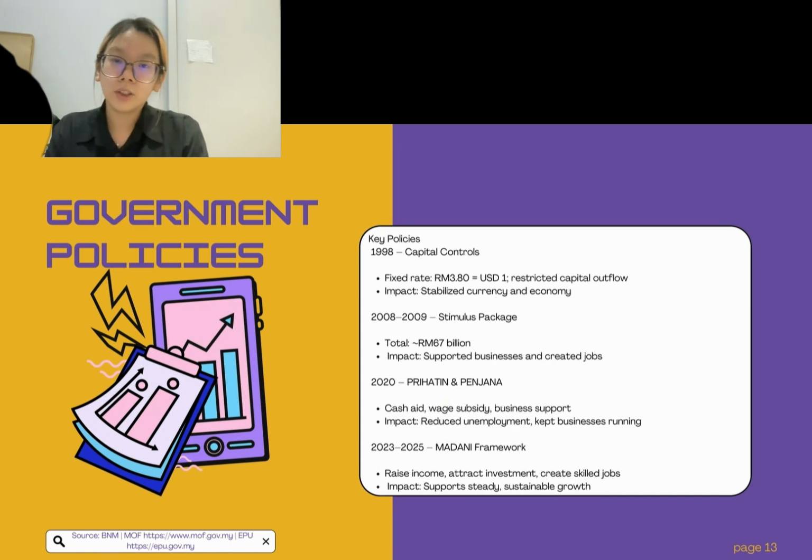Second, the economic stimulus packages in 2008 and 2009. The government introduced two stimulus packages worth about RM 67 billion to support businesses, create jobs, and increase government spending.